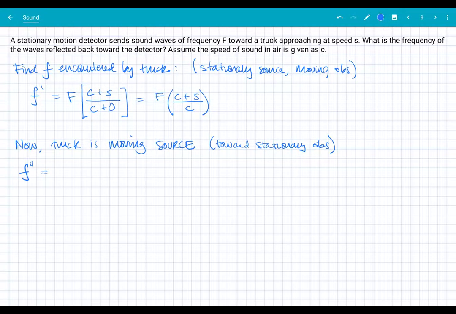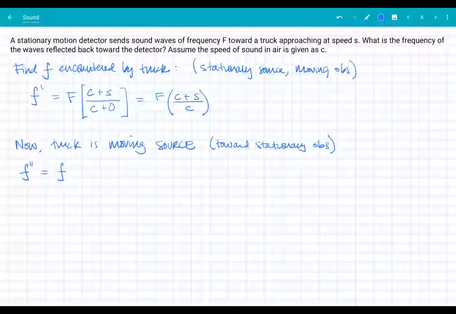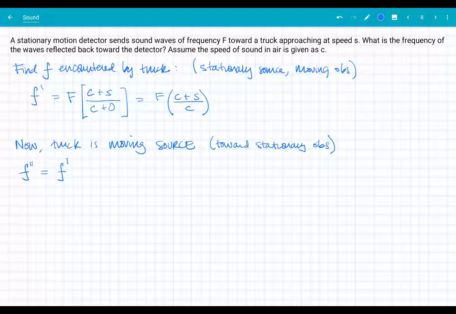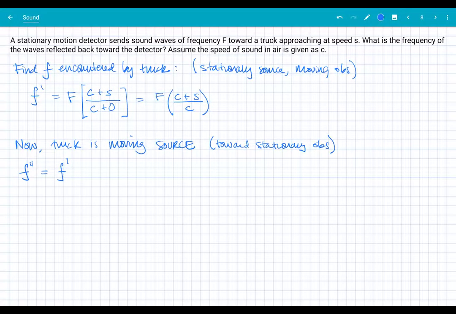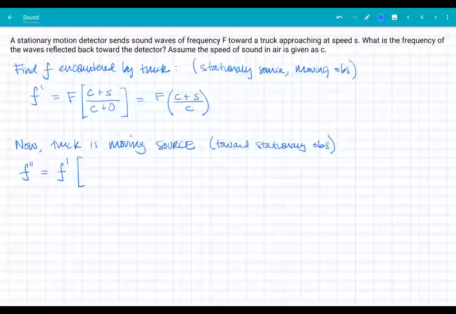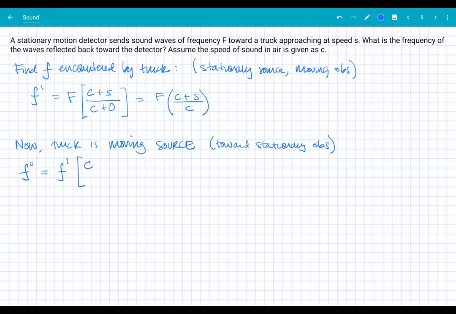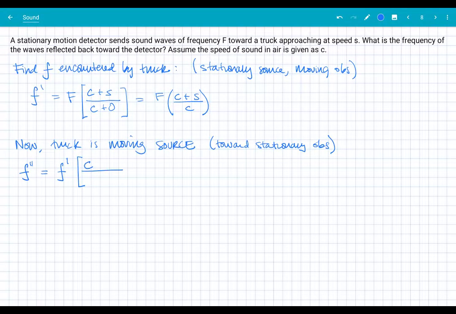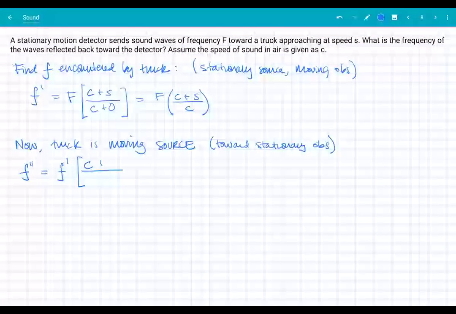So that'll be the frequency that the truck encounters, f prime. That's the same frequency that the truck will be emitting, right? And now applying Doppler, you have to ask yourself, what is the observer doing? So now the observer is the motion detector, which is stationary.